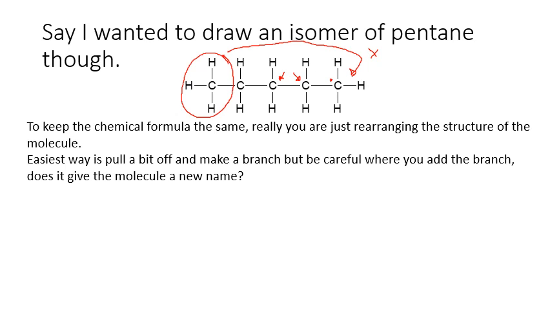So I'm going to pull this part here off and show you what I mean. I'm going to place it here, or I'm going to place it here. So I'm going to draw my 4 carbon chain. 1, 2, 3, and there's my 4th carbon.